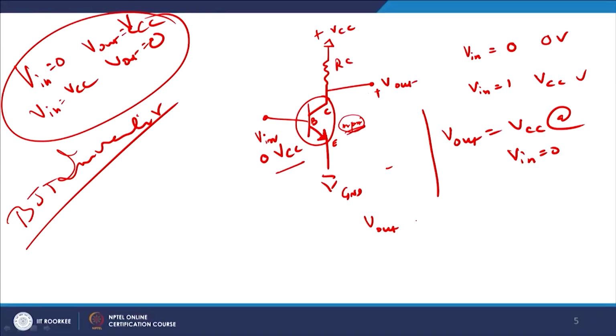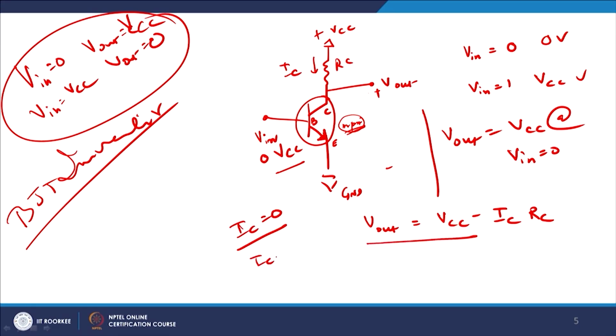Also, if you want the mathematical derivation, I can write V out equals VCC minus IC into RC. IC is the current flowing through this domain. Now, if IC equals 0, I get V out equals VCC, and if your IC is a very large quantity, then the drop will be very close to VCC, and therefore my V out will be equal to 0.